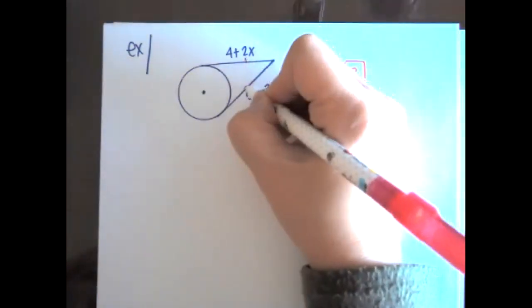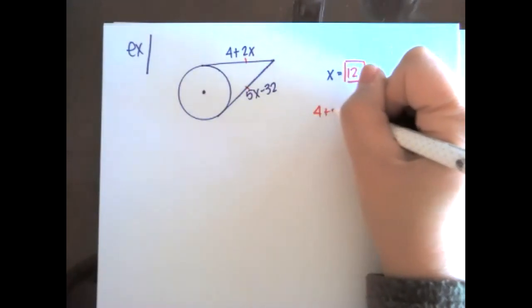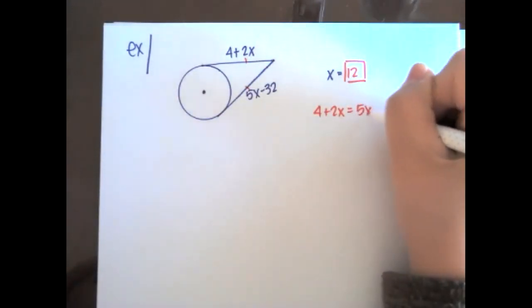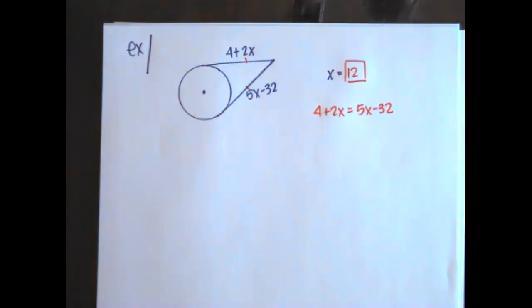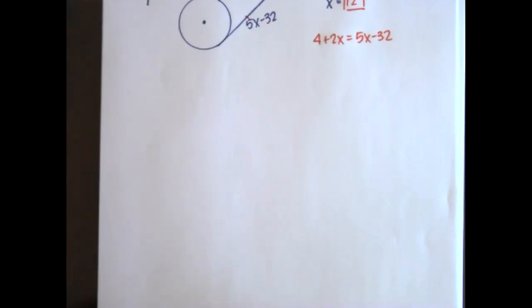This is a two-tangent theorem. These are congruent, so 4 plus 2x equals 5x minus 32. Okay, next.